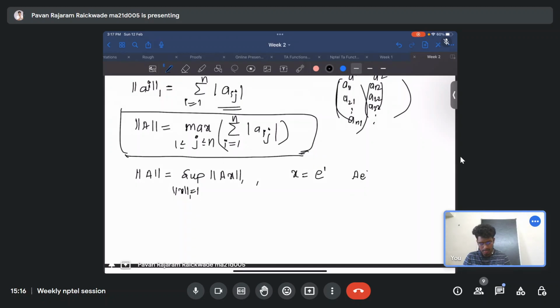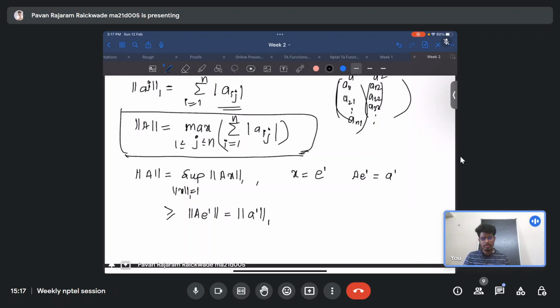What is AE1? AE1 will be the first column, since E1 is 1 0 0 0. So this supremum is greater than or equal to the norm of AE1, because E1 is a norm 1 vector, and the norm of AE1 is just the one norm of the first column.